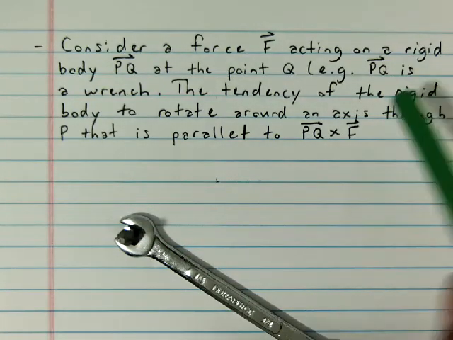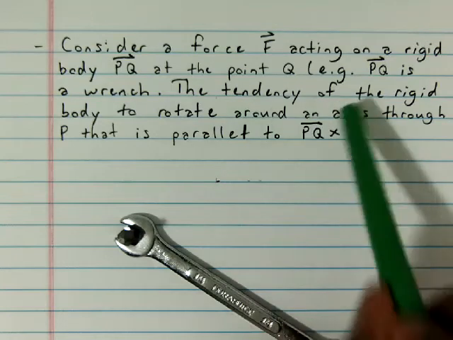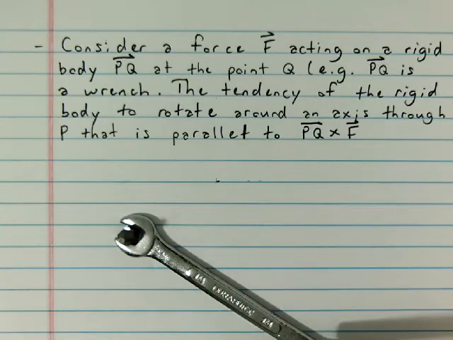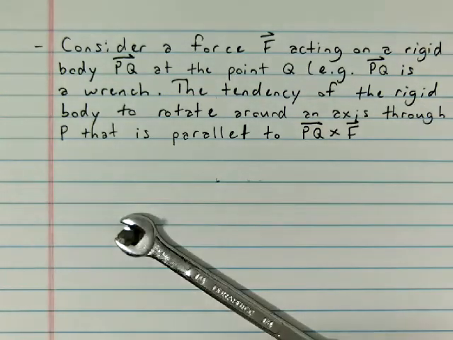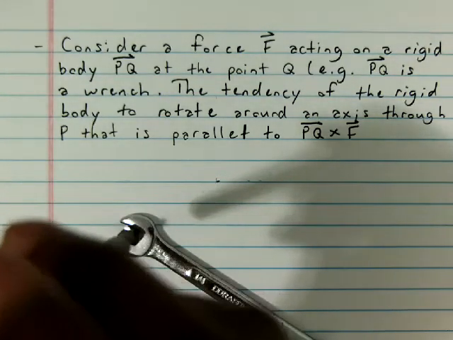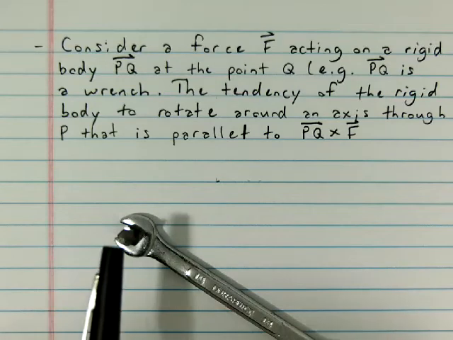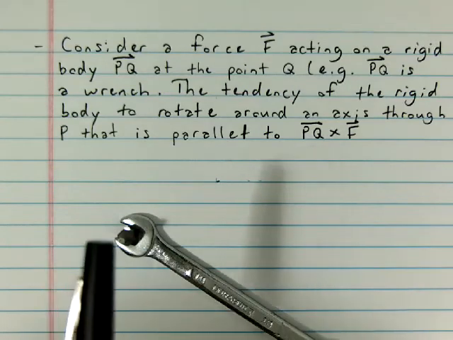The tendency of the wrench to rotate around an axis through P would be an axis coming directly out of the screen.